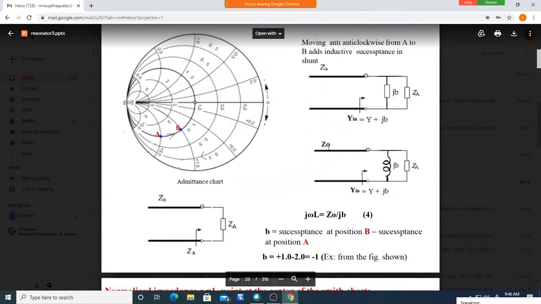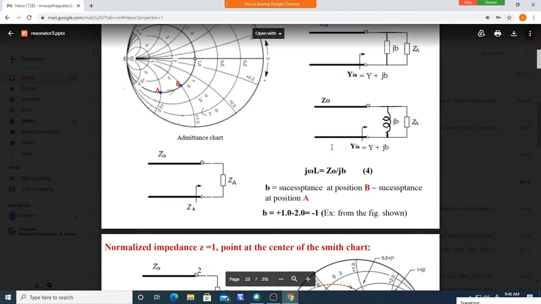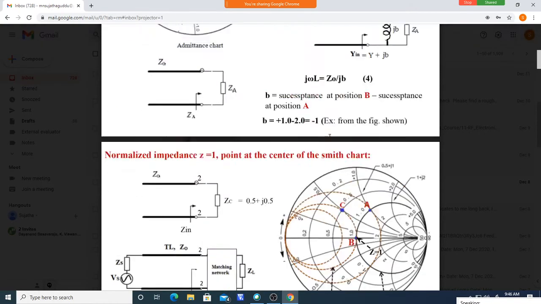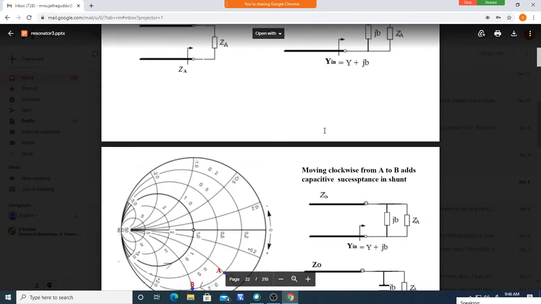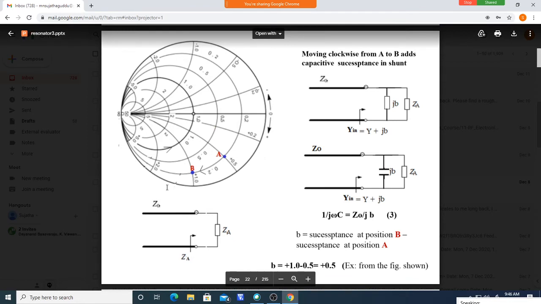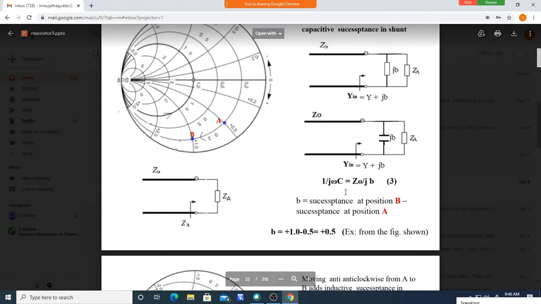In this problem, moving in the clockwise direction adds a capacitor in shunt. What is the element added? That is the movement you should take. There the movement is somewhere here, not here, but don't confuse.